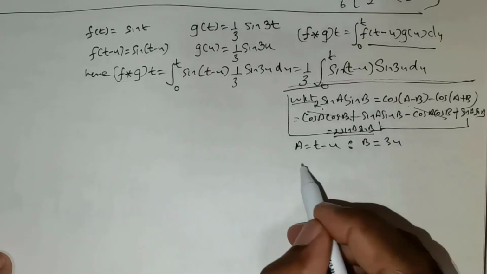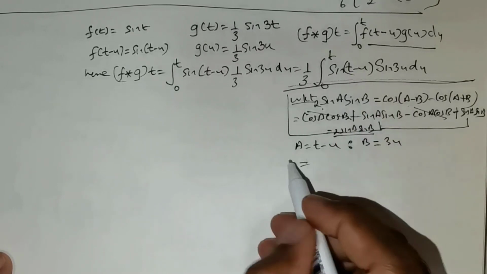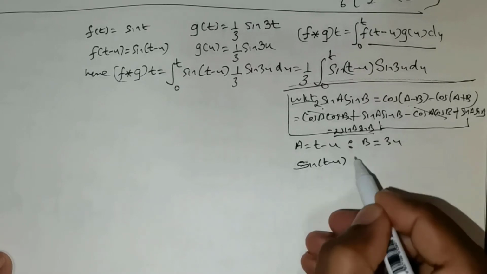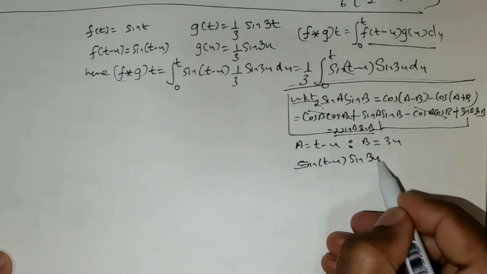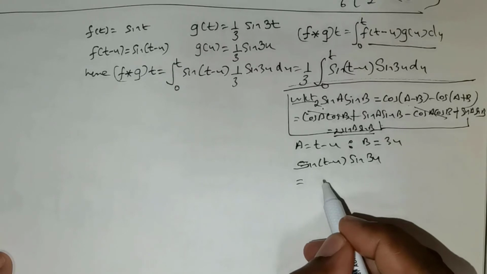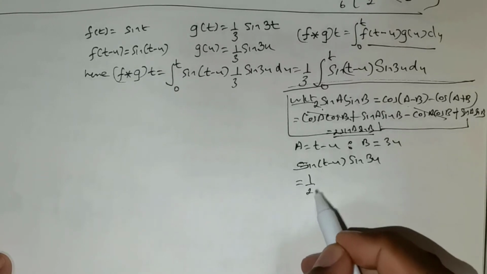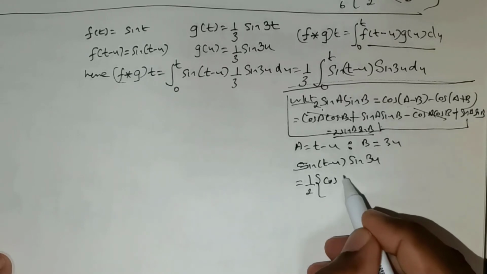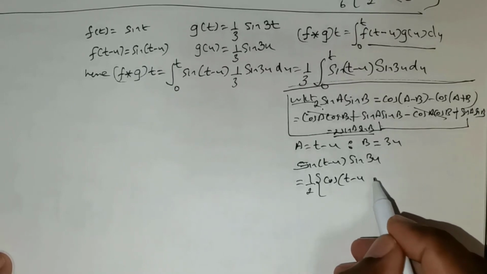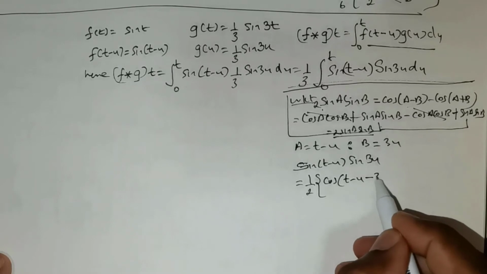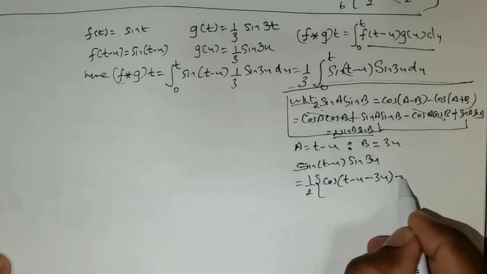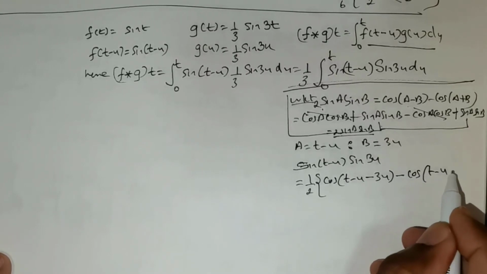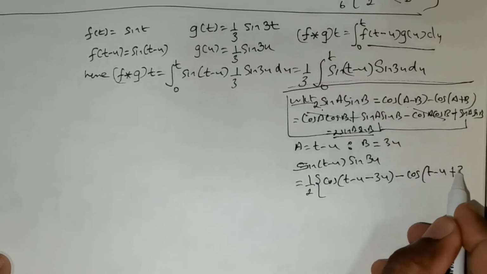So if I were to substitute, let me write that down: sine of t minus u times sine of 3 times u can be rewritten as, we don't have a 2 there, so I need to bring the 2 here, so 1 over 2 times cos of A minus B, which is t minus u minus 3 times u, minus cos of A plus B, which is t minus u plus 3u.